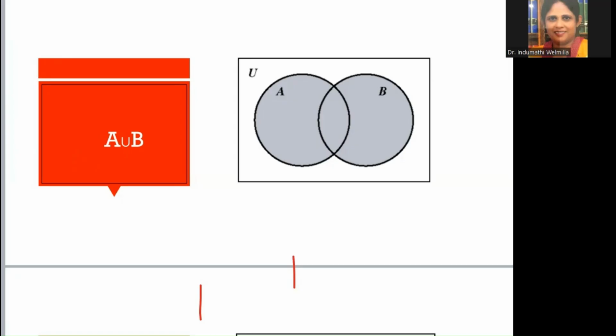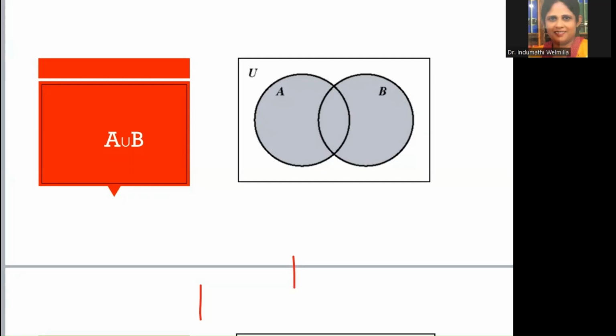Elements of a set are presented inside the circle. Sometimes a rectangle encloses the circles, which represents the universal set. Venn diagrams represent how the given sets are related, and the operations on sets.